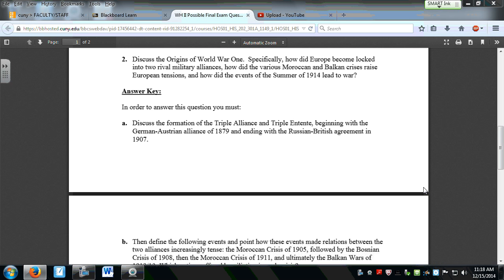How did Italy get brought into the Triple Alliance? Why did France and Russia sign an alliance in the 1890s?